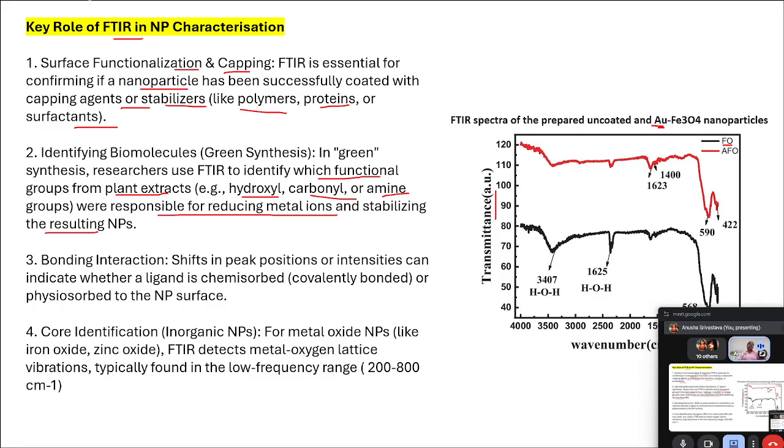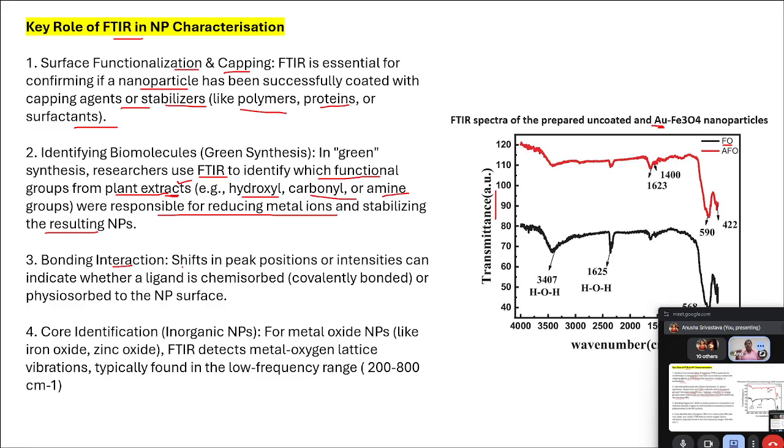If you remember, I have discussed the bioactives present in plant extract, which could be alkaloids or the like, used as a reducing agent for synthesis of different metallic nanoparticles. By analyzing the FTIR spectra of the native plant extract and the nanomaterials that are formed, we can see which functional groups in the plant extract have helped in reducing these metal ions.